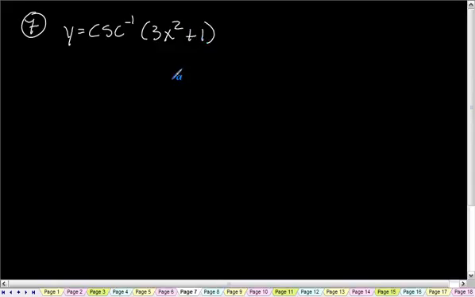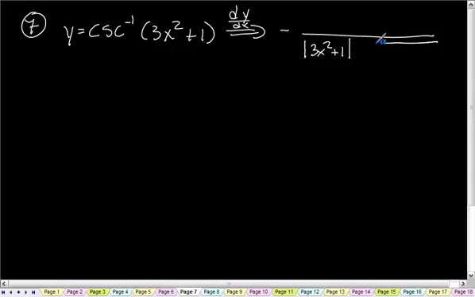The derivative of cosecant with respect to x, dy dx, is negative 1 over the absolute value of x, which is 3x squared plus 1, times the square root, still on the bottom, of x squared, which is 3x squared plus 1, that's squared, minus 1. That's inside the parentheses, is 1 up here.